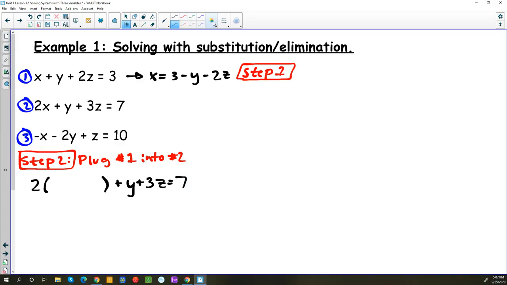I'm going to underline this in green because I'm going to be plugging that into certain places, just to color coordinate. So we're going to do 3 minus y minus 2z in here.